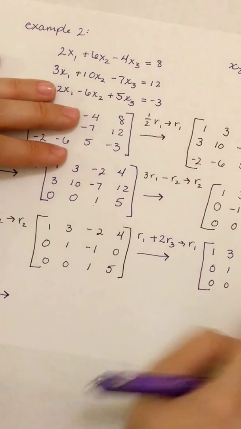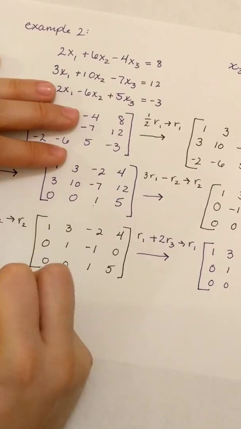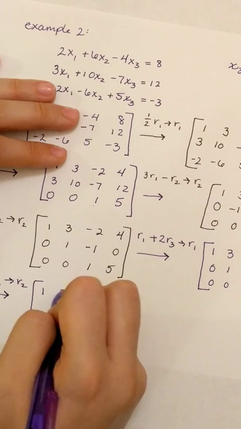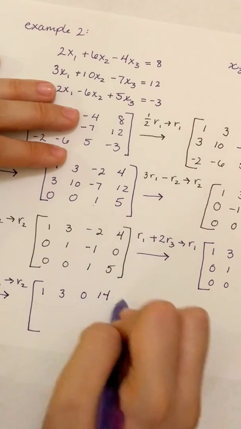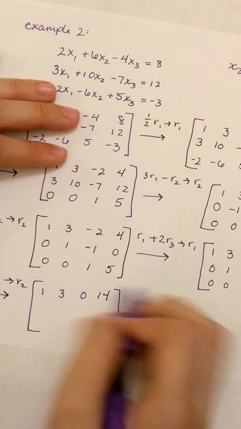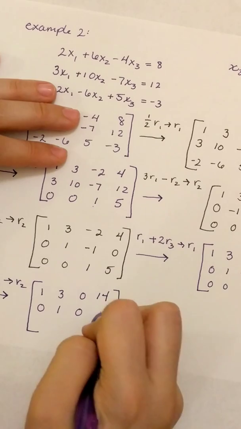So I'm just going to add the 2. R2 plus R3 into R2. So 0, 1, it's going to be a 0. 0 plus 5 is 5.